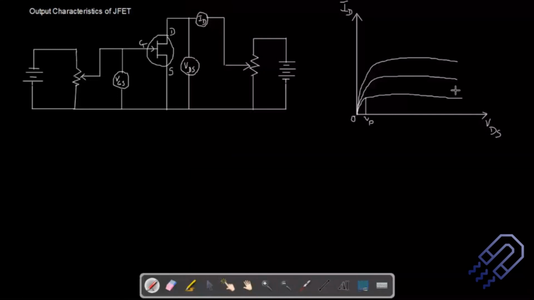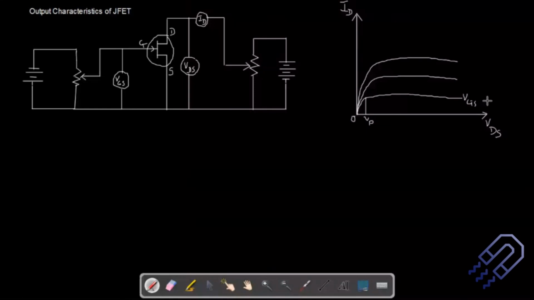Now when we looked at the output characteristics of a BJT in a common emitter configuration, we said that it depends on IB, the base current. But here it's not the base current, it is going to be VGS. So let me write VGS here.